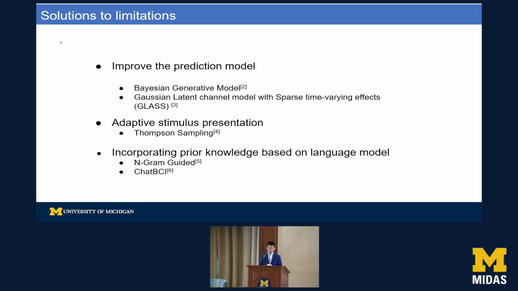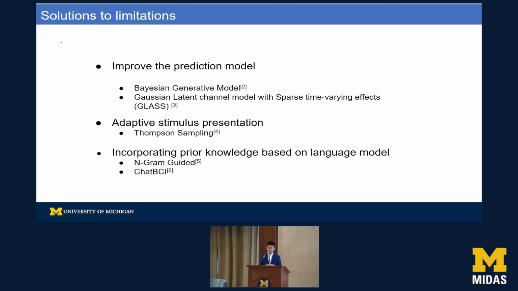Another thing is you can optimize the stimulus presentation. Remember previously when I talked about the row-column screen, they flash in some order, but you can optimize which row comes first and which column comes first. You can use Thompson sampling to do that.